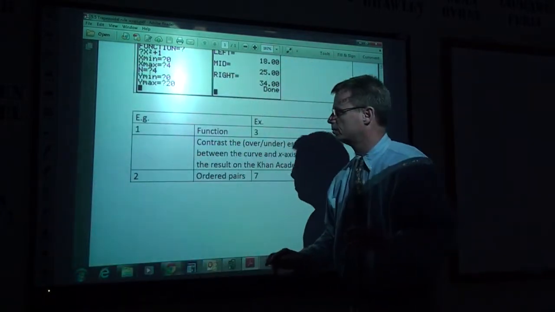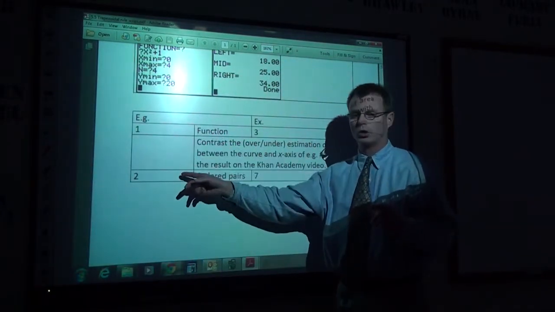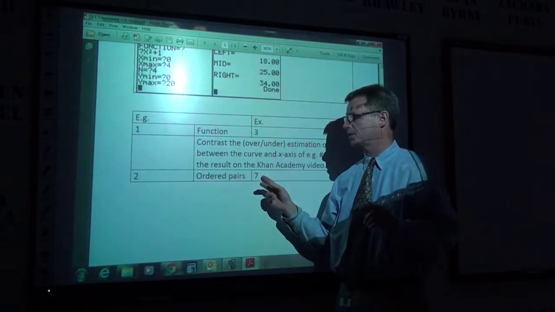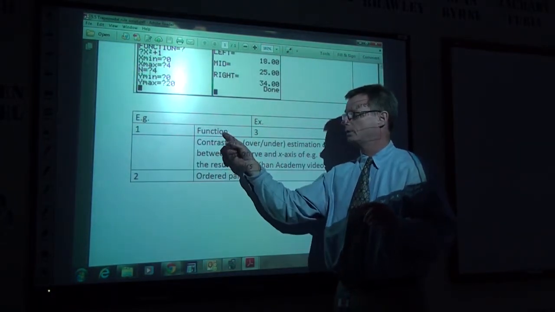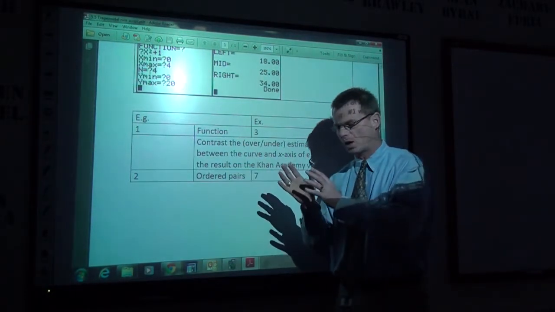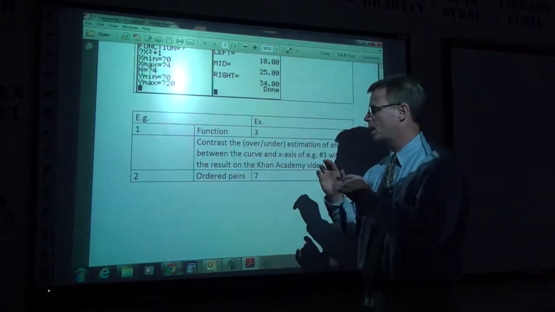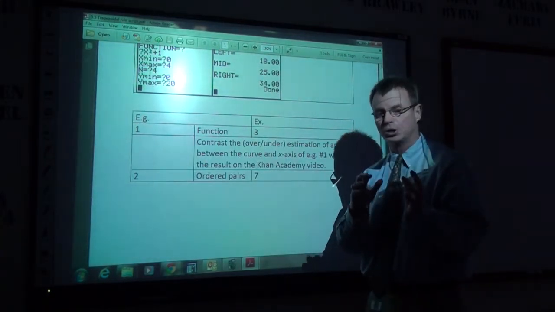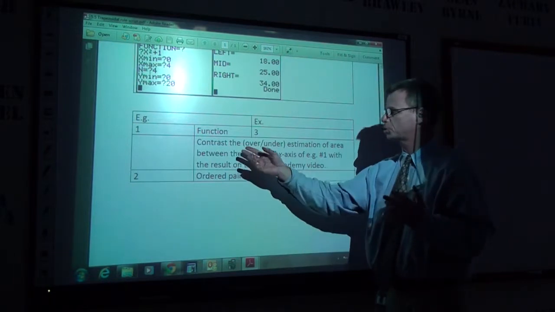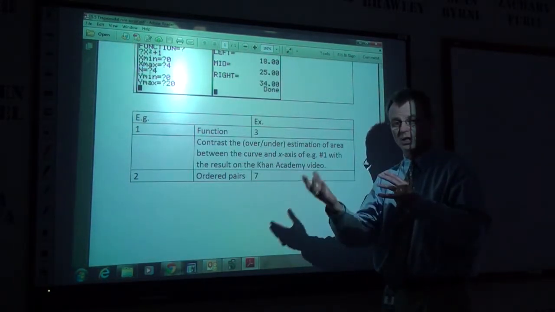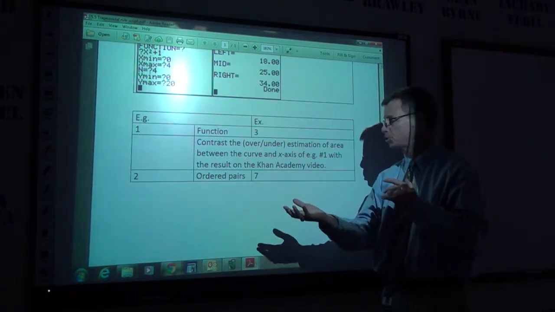So, we're going to go over two examples, 1 and 2, and you're going to do two exercises, 3 and 7. Example 1 is a continuous function, and you're going to contrast the example 1 in your textbook with the function that Sal Khan uses in his video, and you want to contrast whether one of ours is overestimated, the other one's underestimated, and how come that's true.